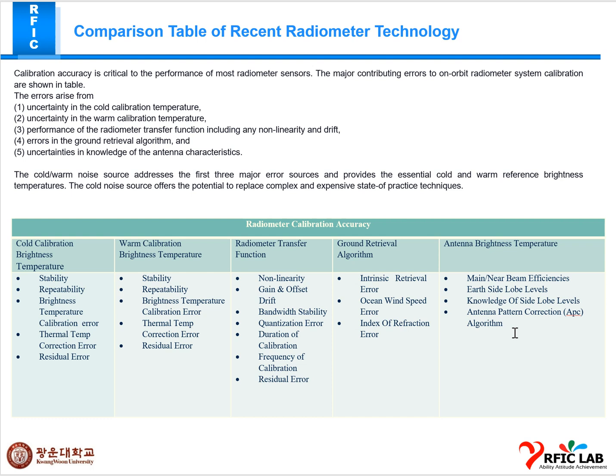In ground retrieval algorithm, there is string retrieval error, ocean wind speed error, and index of refraction error. In antenna brightness temperature: main beam efficiency, earth side lobe level, knowledge of side lobe level, and antenna pattern correction APC algorithm.